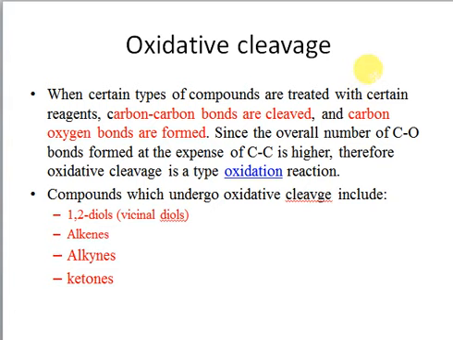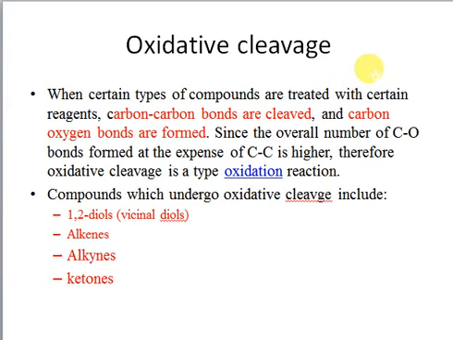Overall, the number of oxygen-carbon bonds is higher than the number of carbon-carbon bonds that have been broken. For example, if we break a single carbon-carbon bond and we form two carbon-oxygen bonds, the net number of oxygen-carbon bonds is higher.